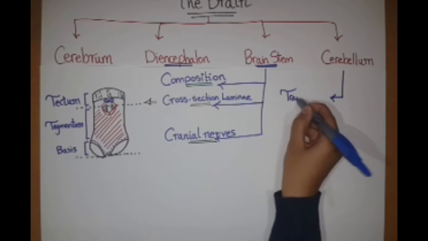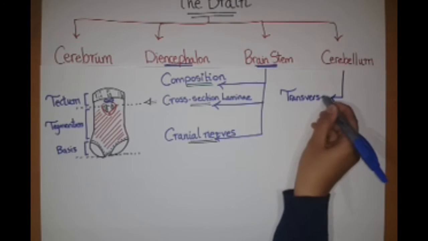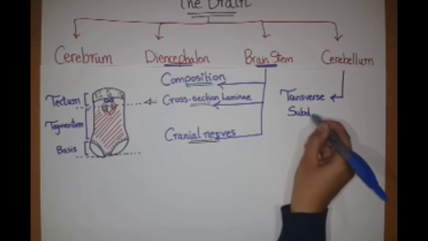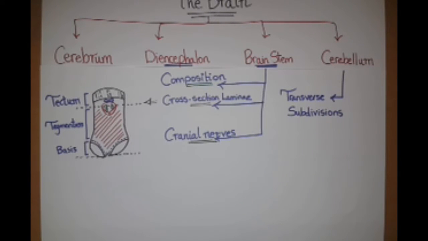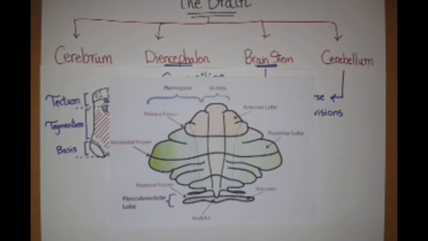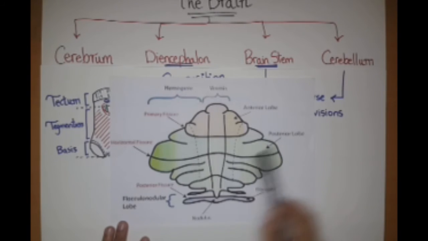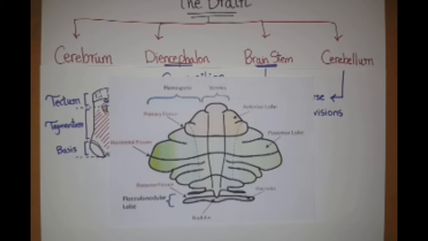The cerebellum can be decomposed into transverse subdivisions, where these subdivisions are further subdivided into three different sections. We have the anterior, the posterior, and the flocculonodular lobes that are separated by something called the vermis.